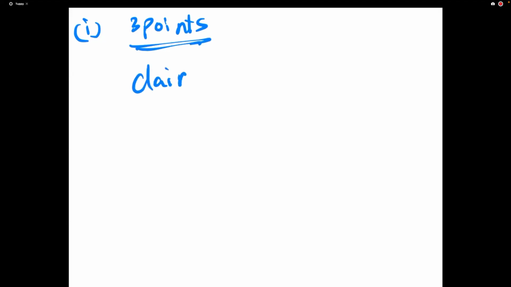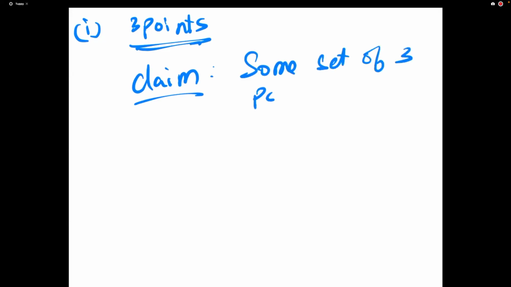So let me just enumerate all the cases here. It's going to get a little bit hairy. So let's consider 3 points. With 3 points, I claim some set of 3 points can be shattered.